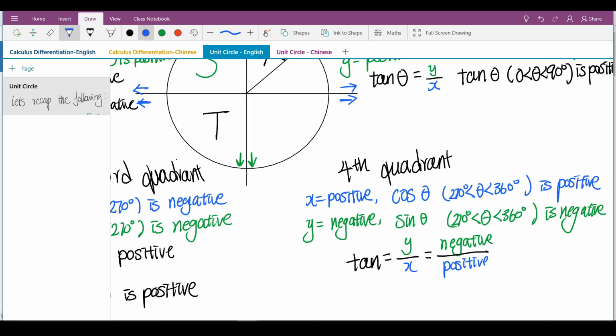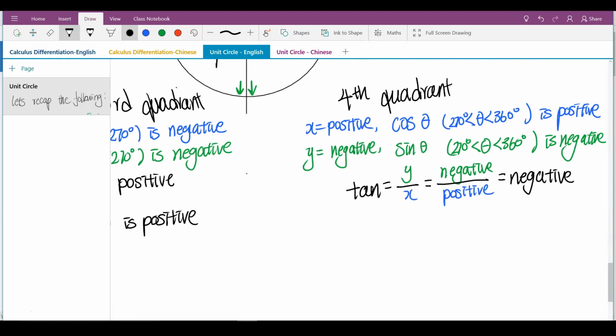And we know that will still give us a negative value. A negative value divided by a positive value will still give you a negative value. So therefore, tan theta, given that theta is less than 360 degrees and more than 270 degrees, will be negative.